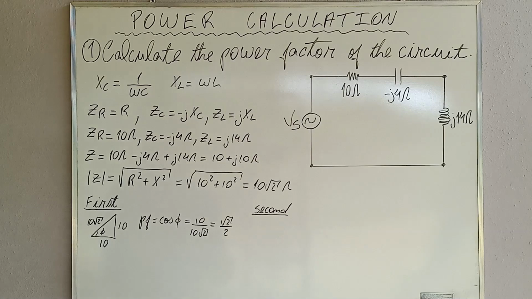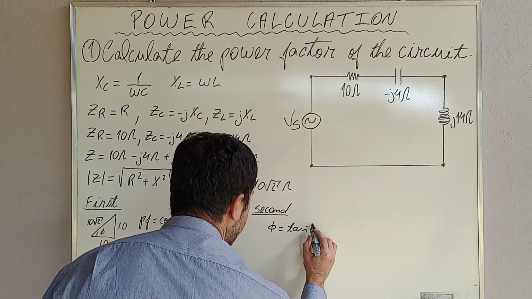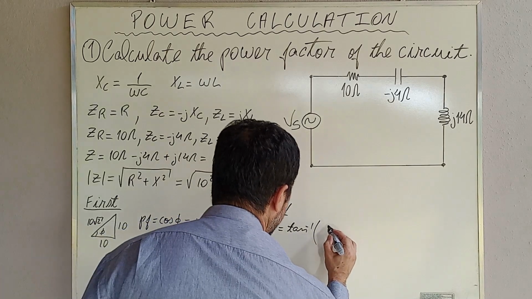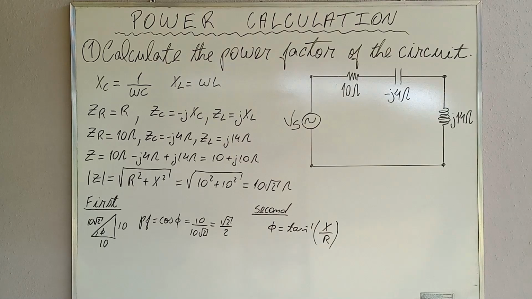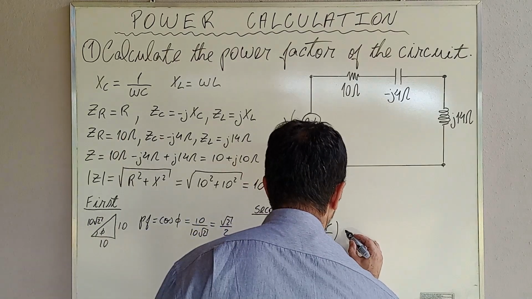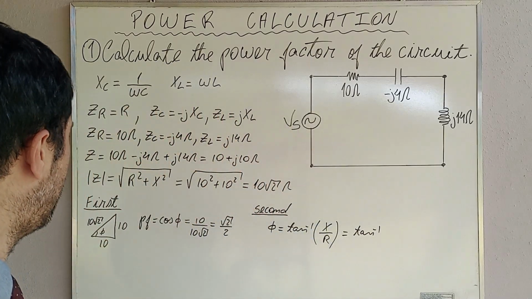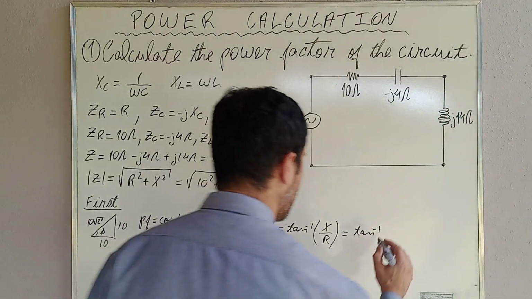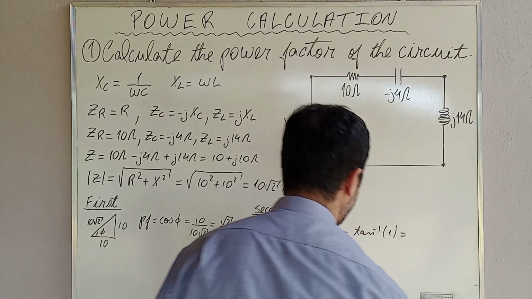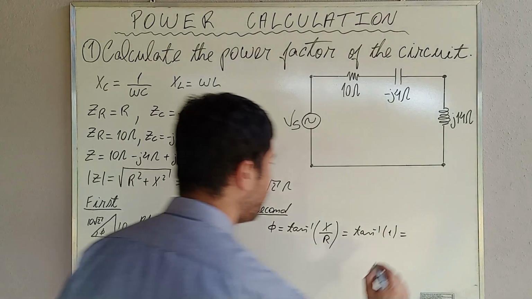Observe that phi is the inverse tangent of the reactance divided by the resistance, which is the inverse tangent of 10 divided by 10, which is 1, and the inverse tangent of 1 is 45 degrees.